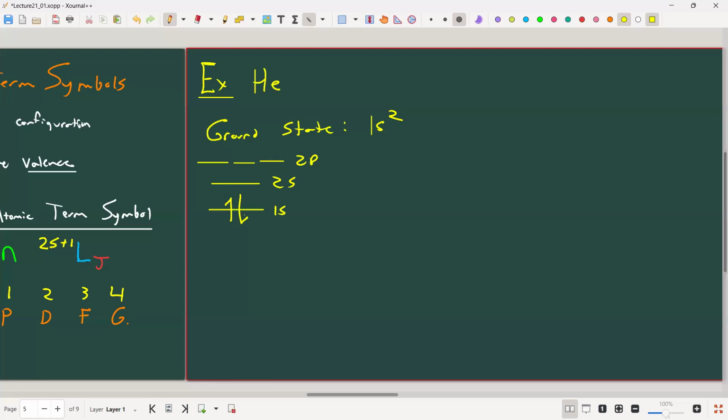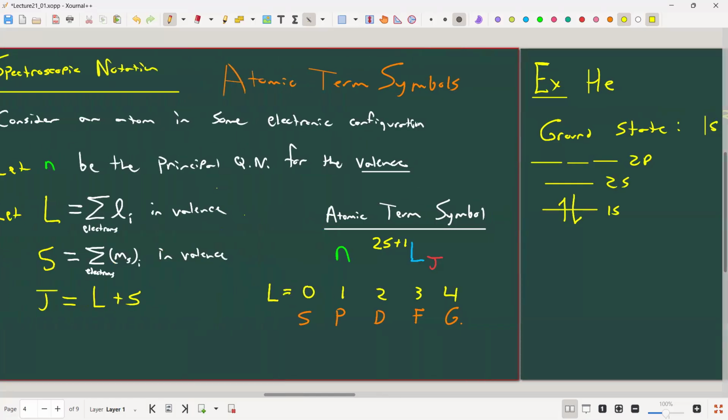The term symbol requires me to think about the possible states each of these electrons is in, then combine them together to get a total state. What we need to know is the total angular momentum L for the system and the total spin. We're going to sum over the L's and the S's for the electrons, and then create a J by combining those two terms. So let's look at that.